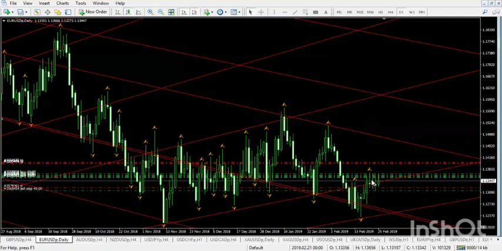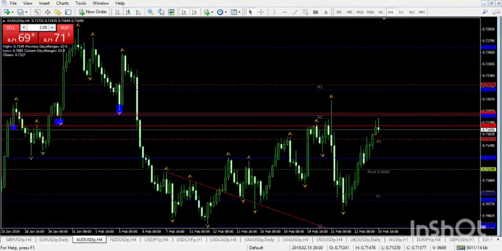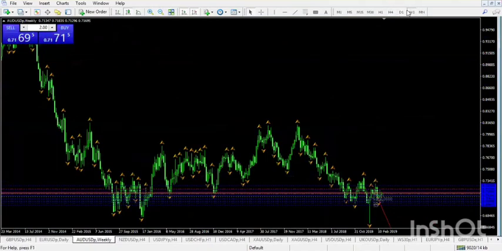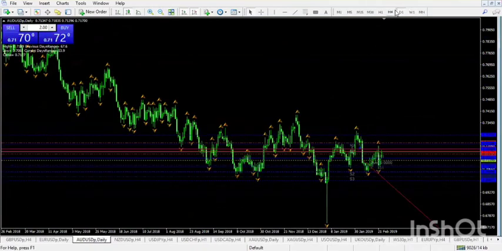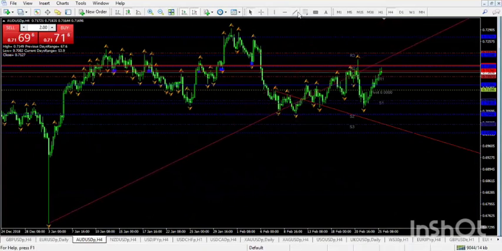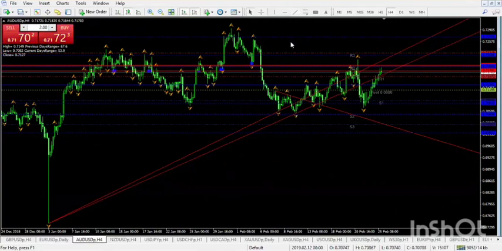Yes. Another example, let me draw it for you. This is your single at the bottom that I'm going to connect to my fractals and my swing lows.